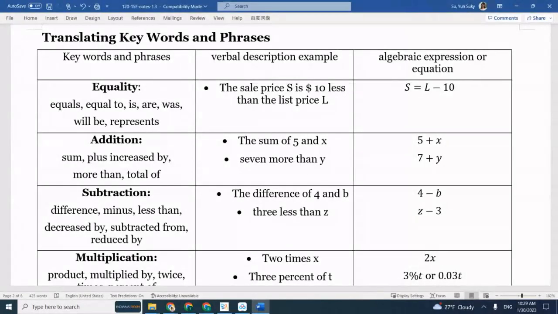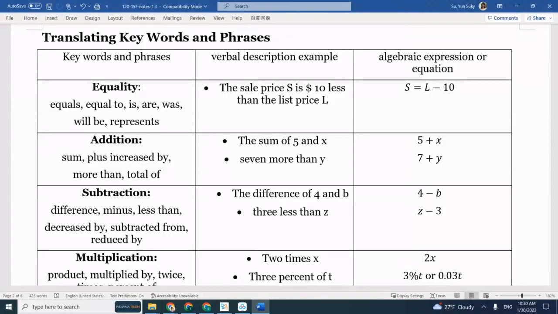Example: the sale price is $10 less than the list price. Okay, is is the keyword. That means equal. So the sale price equals what? $10 less than the list price. So it's x minus 10. Right, everybody? $10 less, so subtract 10.